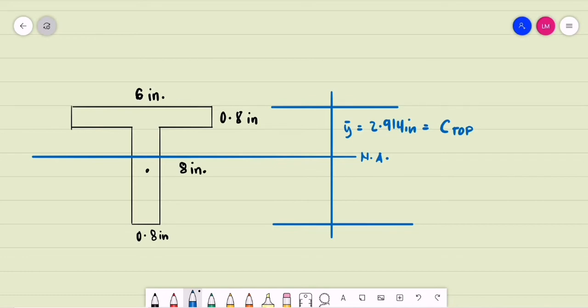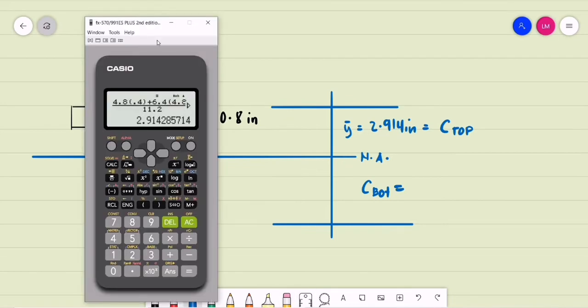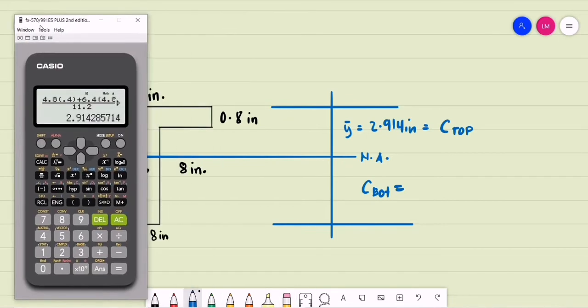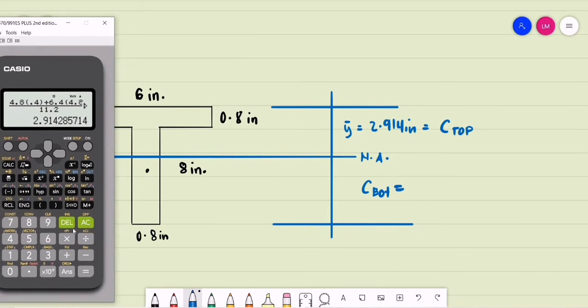So how do we compute for the value of C? That is the distance of the extreme fiber from the bottom of the beam to the neutral axis. The total height of the beam is 8.8 inches, that is 8 height of the web plus 0.8 thickness of the flange, minus 2.914 inches.